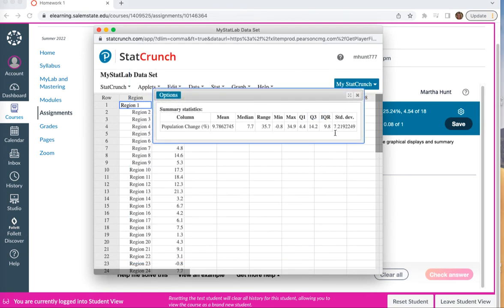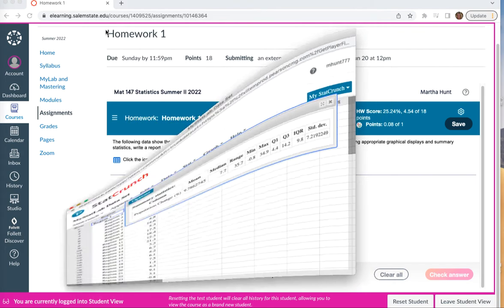And there's the standard deviation, and I'd have to round it to 3 places, which would be 7.219. That would be 3 places. So I'm not going to continue with this problem.